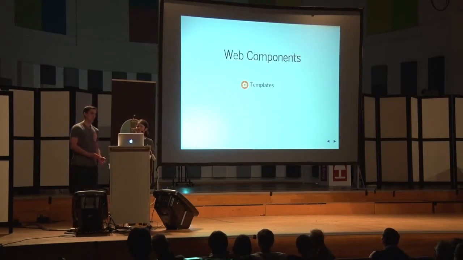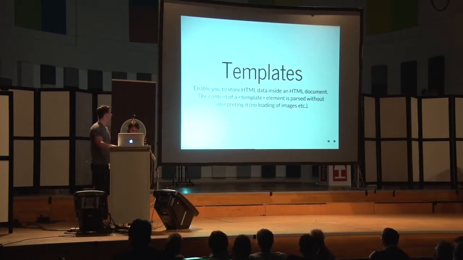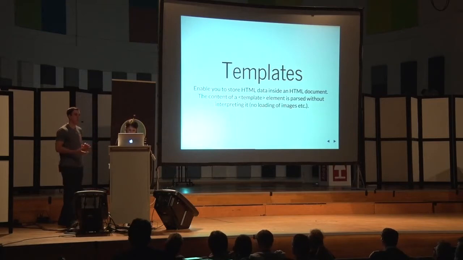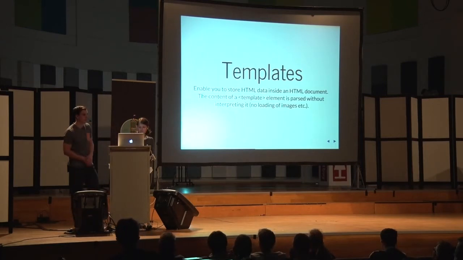Now I'll take over for the templates. That's another one of the web component parts, if you can describe it like that. What are templates? Well, we know them in other languages already, and basically you can store a small piece of data inside another document. It's called a document fragment, but let's just see it as another small document.